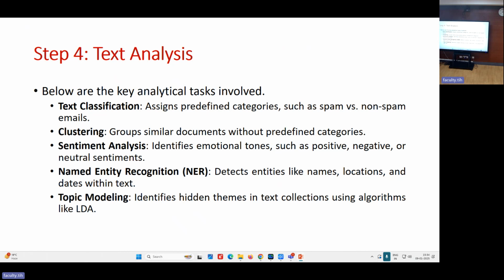Whatever text you have been given, if you want to find out what theme is hidden in your text data, that can be identified using algorithms like LDA or the topic modeling process. So these are some of the processes you can follow at the time of text analysis.